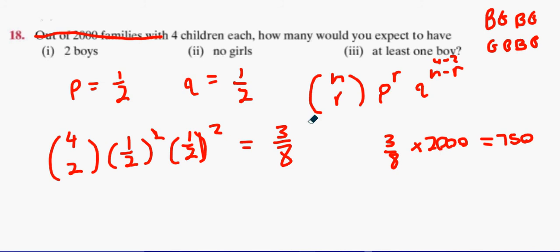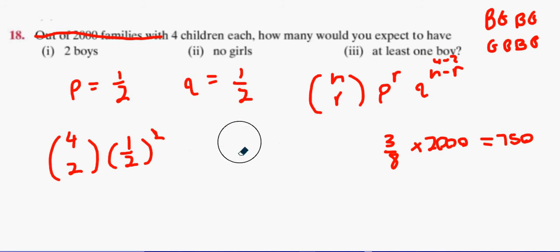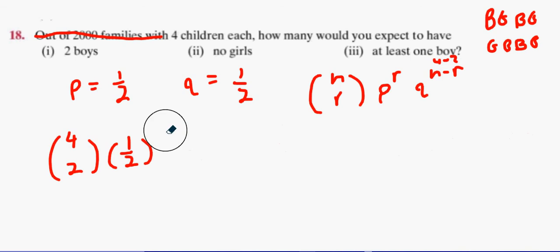Next one is you have no girls. No girls means you have 4 boys. That is grim.